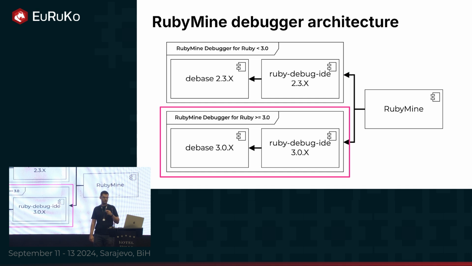That's why we have second branch that is targeted to modern Ruby. It uses new Ruby API. It's much more maintainable, and it's easy to add new features here. That's why we have 2 branches, and this approach makes our debugger maintainable and manageable.